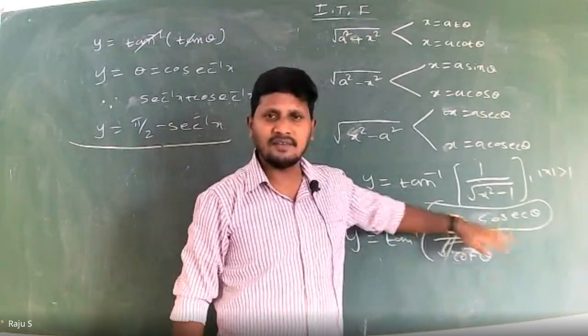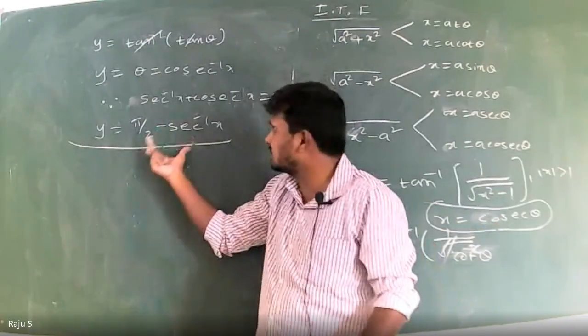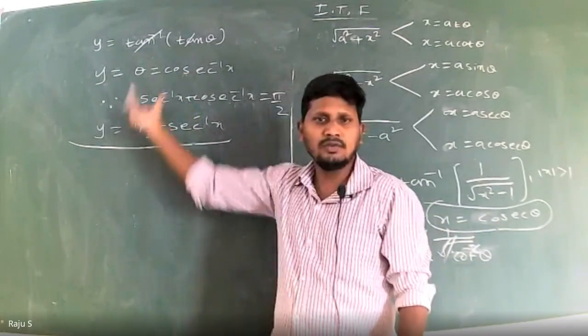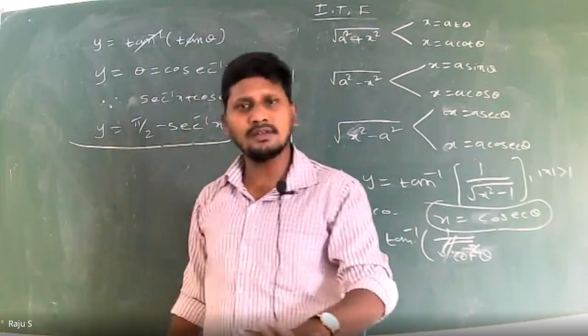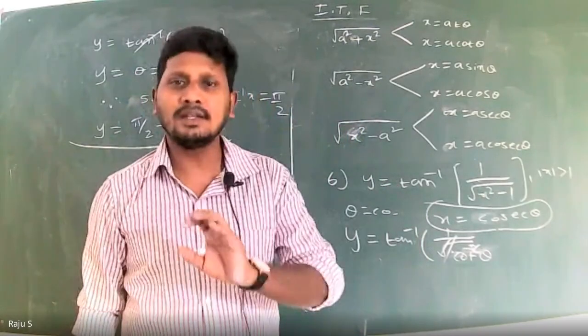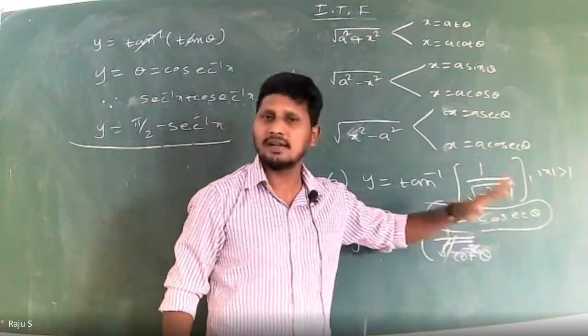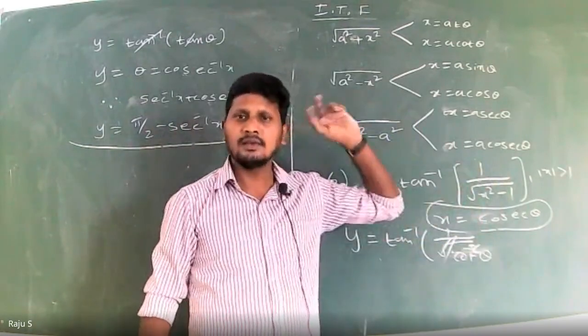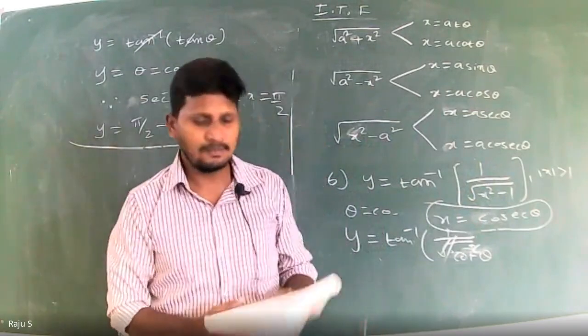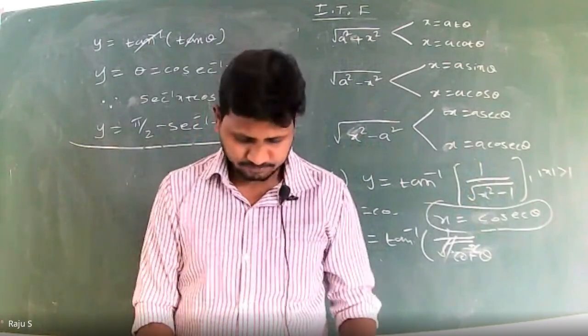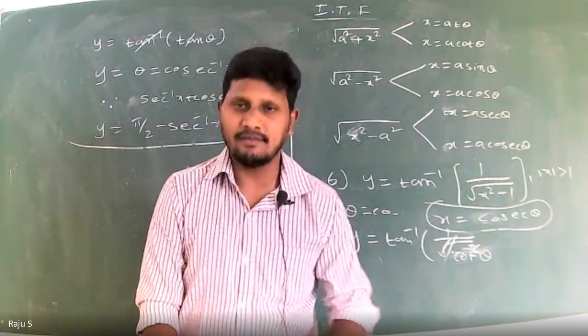This answer is nothing but this answer; both will be the same. Both answers are correct. You can try taking secant instead of cosecant and you will get this answer. Right.